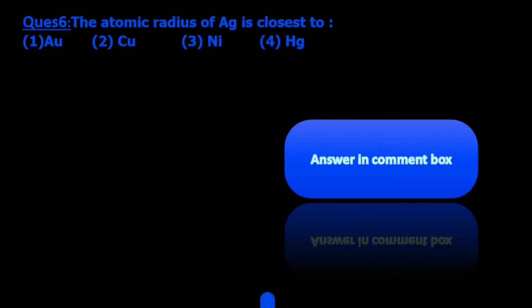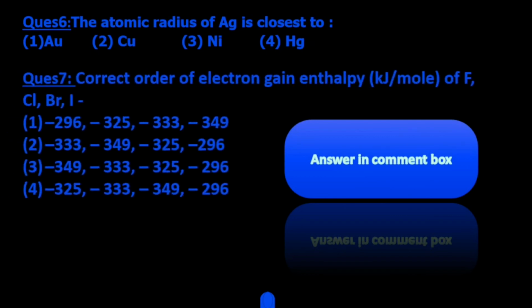So question number 6 is the atomic radii of silver is closest to. I have discussed somewhere back. The correct order of electron gain enthalpy of fluorine, chlorine, bromine, iodine. Again, electron gain enthalpy I have discussed. It is based on that. Only data is given to just make you a little worried if you get worried very fast.